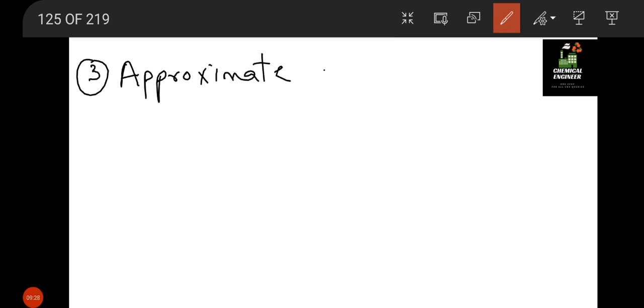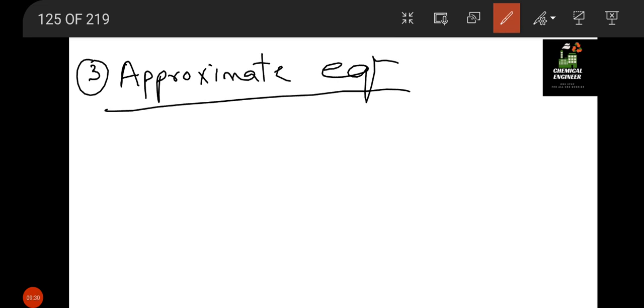And the third one, that is what we have to learn in our BTech, that is approximate equations. Approximate equations will give you the nearby or almost equal values of the shell diameter.